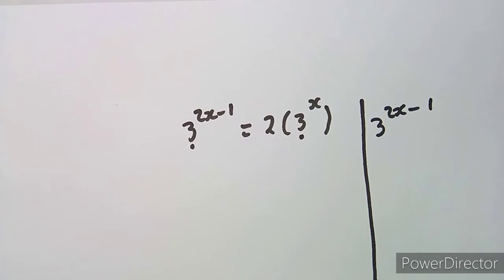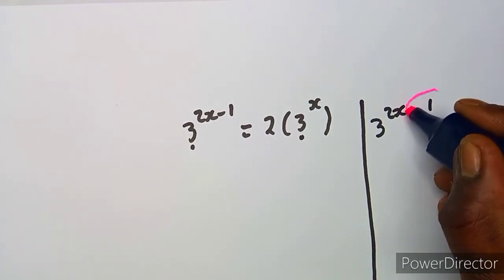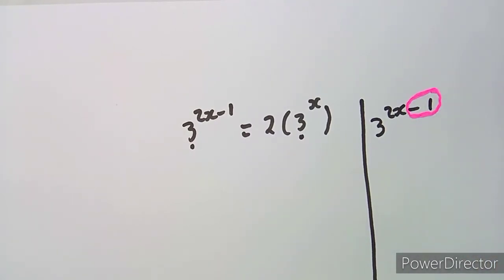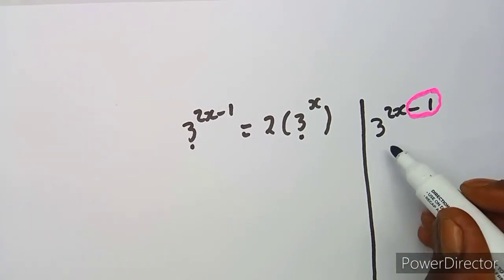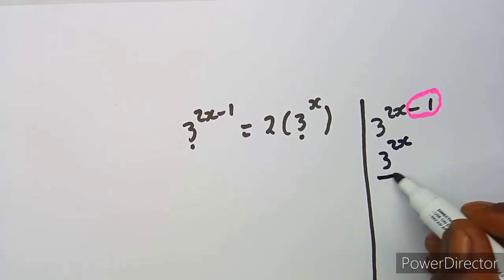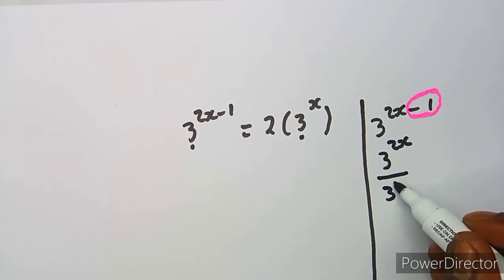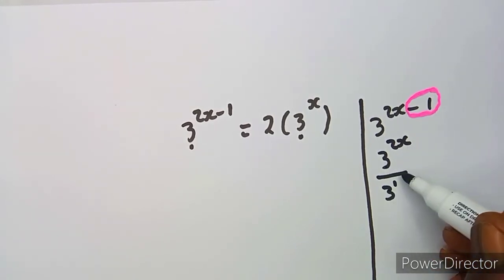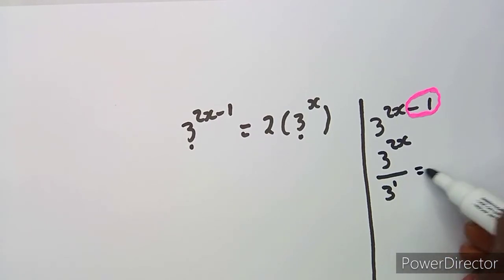There is something that is combined to this part. So you can ask yourself, before we had this subtraction, what was happening here? It means we are dividing. This was 3 to the exponent of 2x divided by 3 to the exponent of 1. If you cross check from your laws of exponents, if the bases are the same, you subtract the exponents. So that was the case.